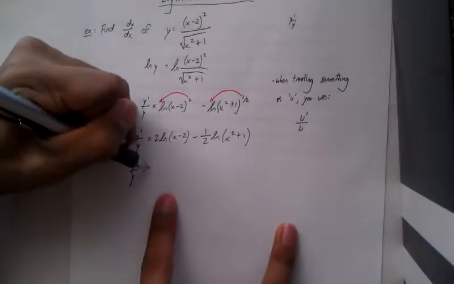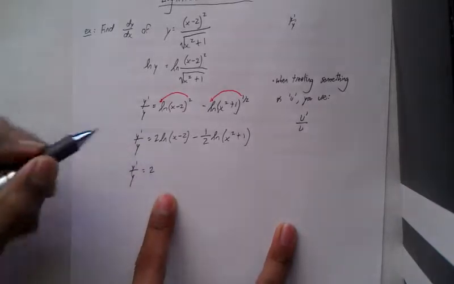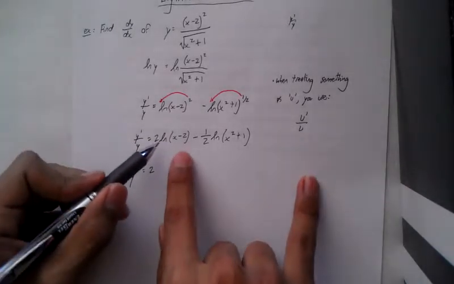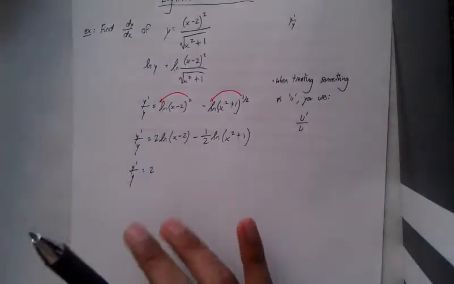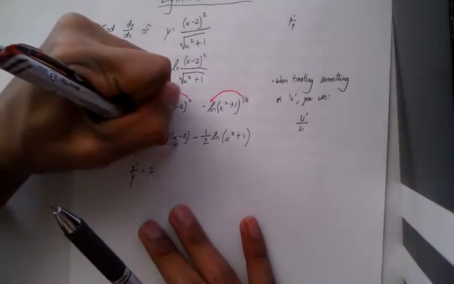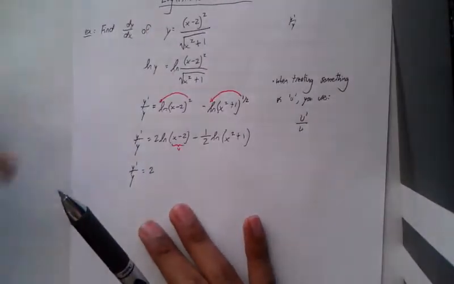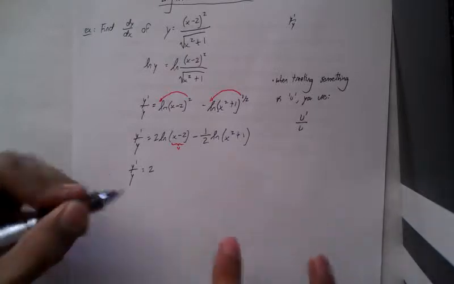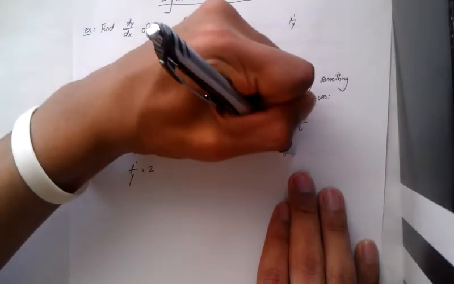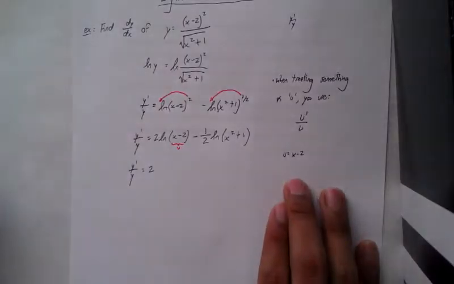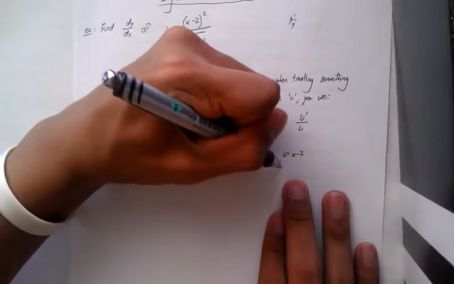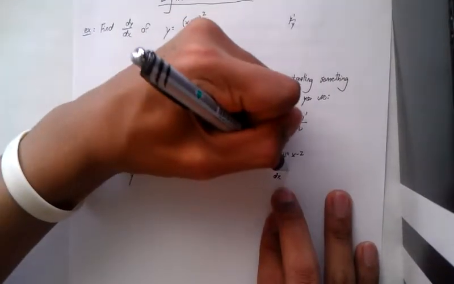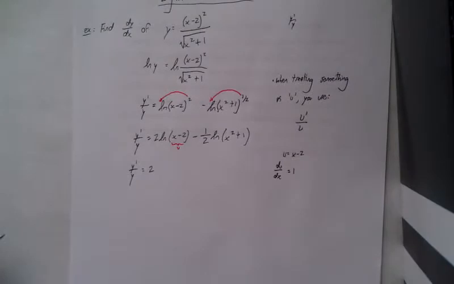So like here, I'm just going to bring down the 2, and now in this case we're going to treat this part right here as our u. So if I have u equals x minus 2, then the derivative of that, du dx, is just equal to 1.